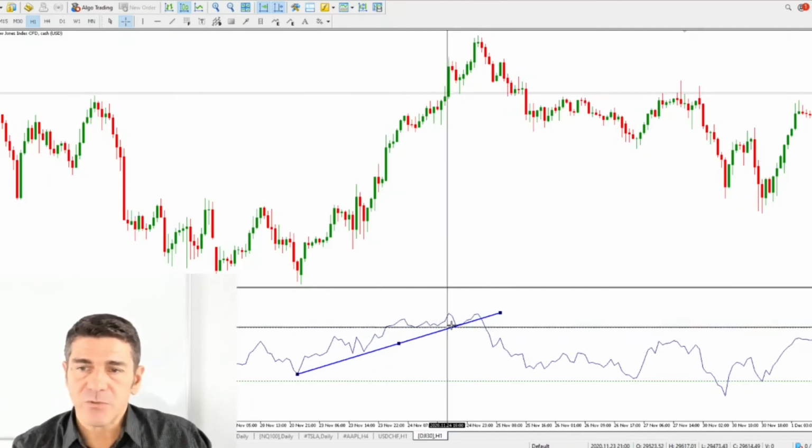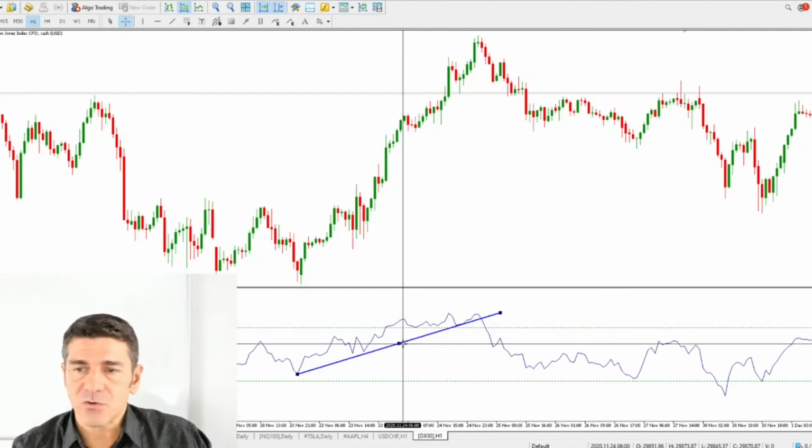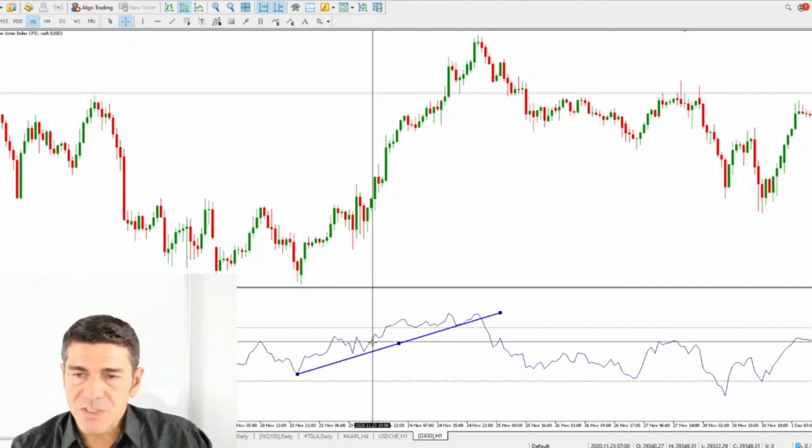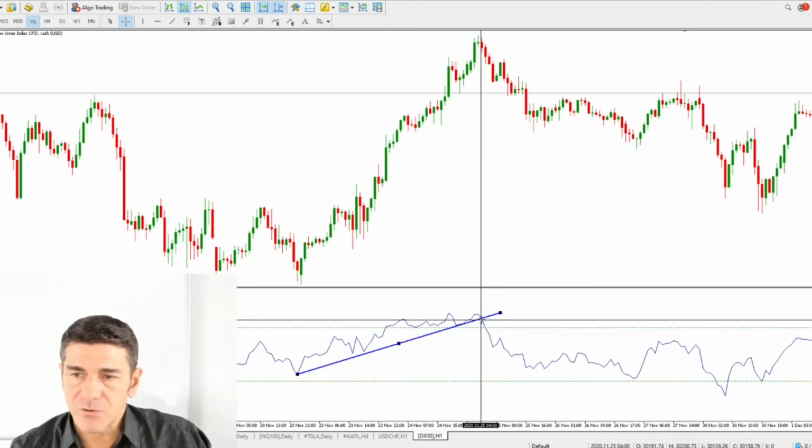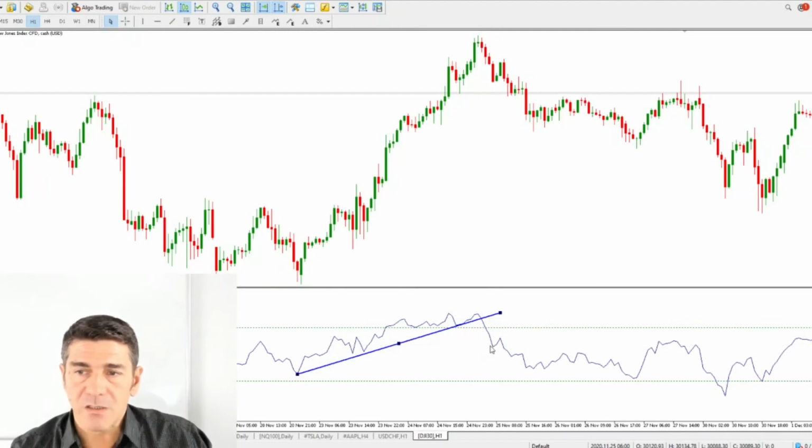It's pretty similar when we are putting trend lines on the RSI. We are seeing some uptrend here on RSI, but right here at this moment we experience what? A breakdown of this uptrend. Here we've got a very good sell signal.